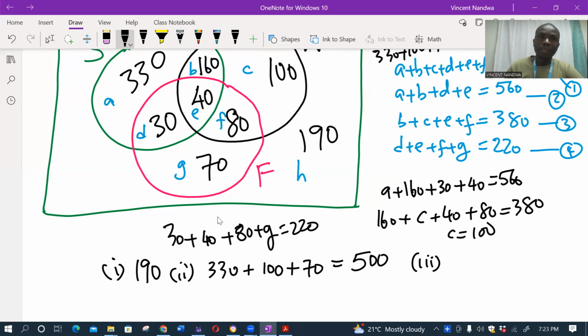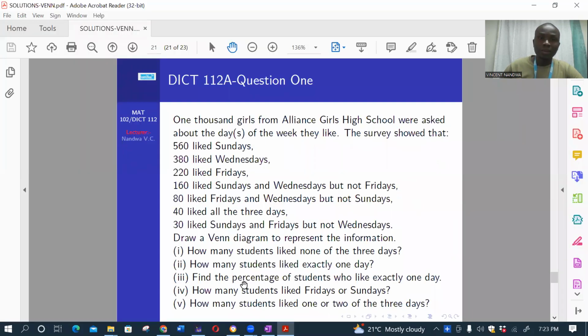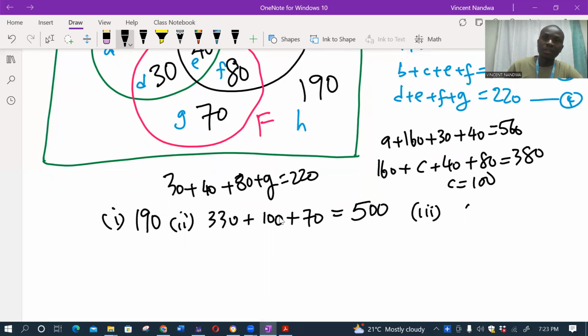Roman 3, find the percentage of students who like exactly 1 day. Remember, percent is usually given by what is favorable over the total times 100%. So we'll have 500 divided by total, which is 1,000, times 100%. These two zeros cancel with 1 and 1. So the answer will be 50%.